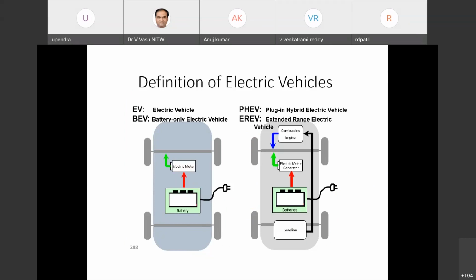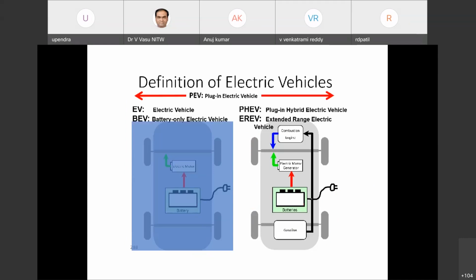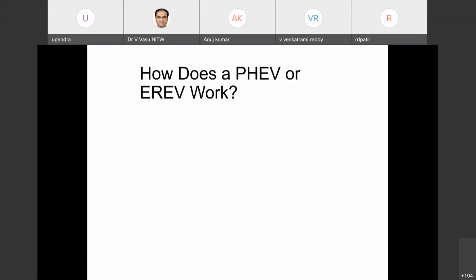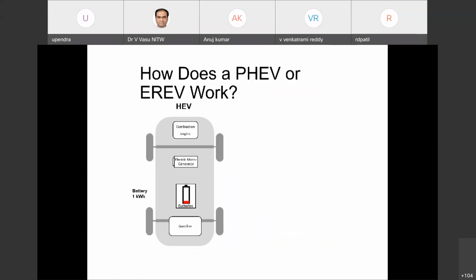Here the combustion engine works first, and correspondingly the battery gets charged. Once the battery is charged, it automatically supplies current. This is called the plug-in electric vehicle.